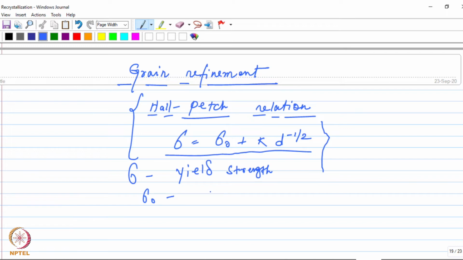Sigma naught is a parameter which is known as friction stress, that represents the overall resistance of the crystal lattice to dislocation movement.